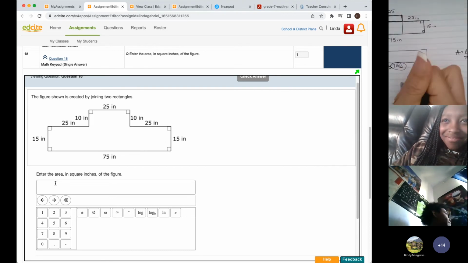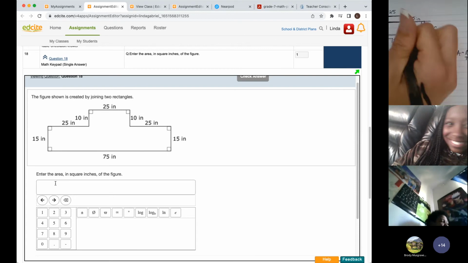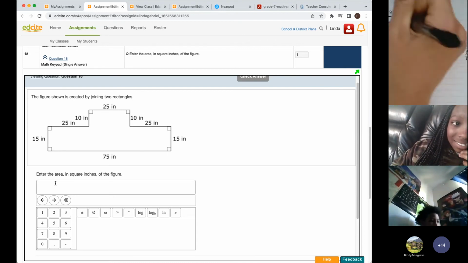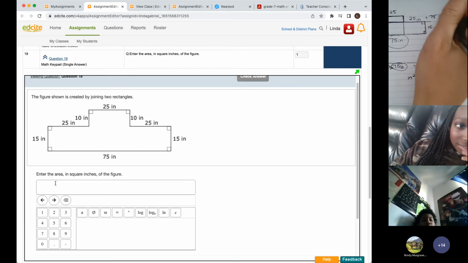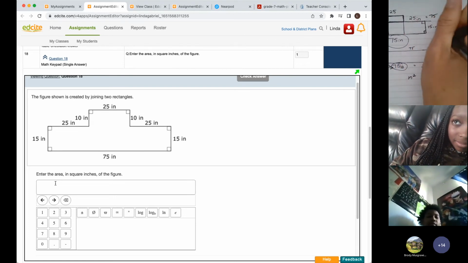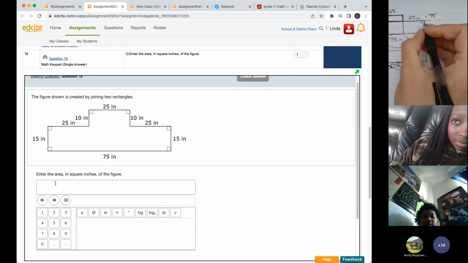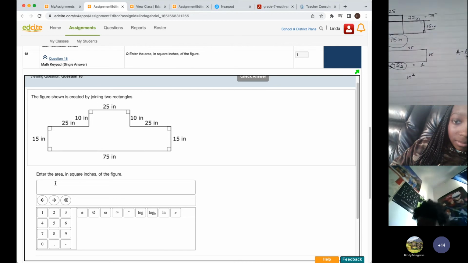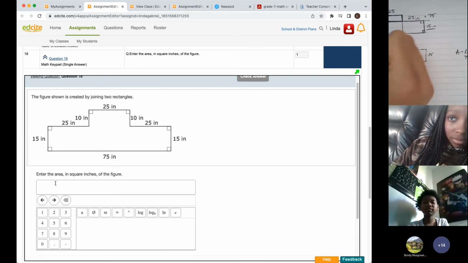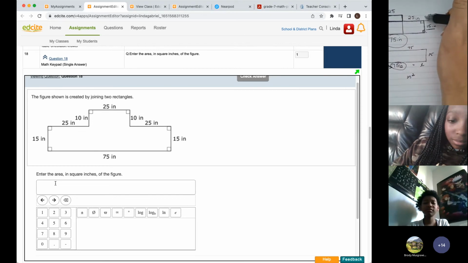Because here is the width, here is the length. If I look here, I have 25, 25, 25. That's also equal to 75. So I know that this is 75 here and this is 15 here because it's labeled. And I have all right angles, so I know that they're all matching. I would not have right angles here if these were different lengths or heights.